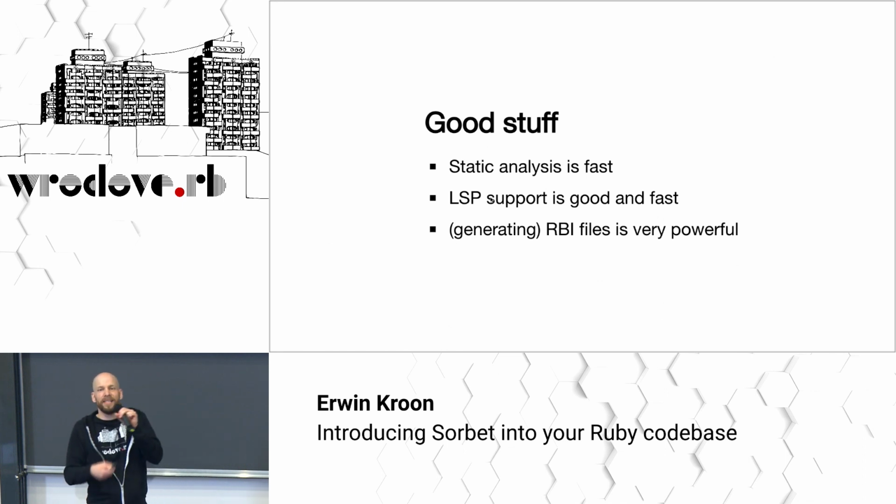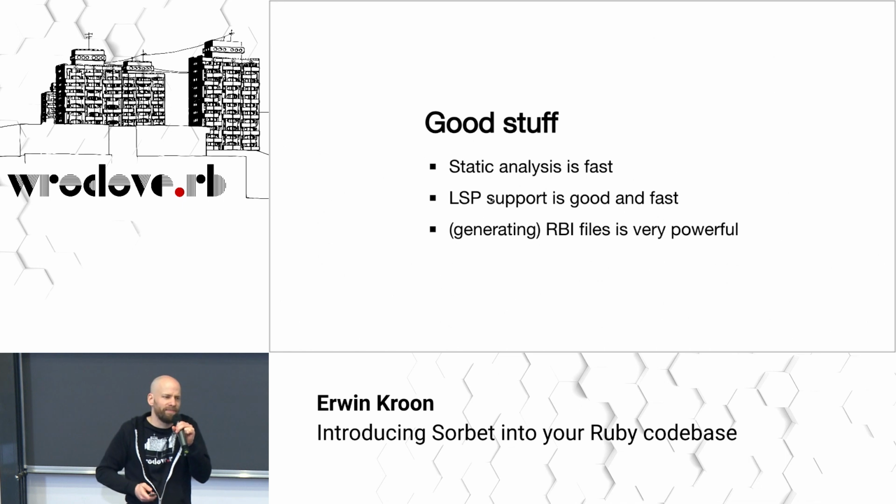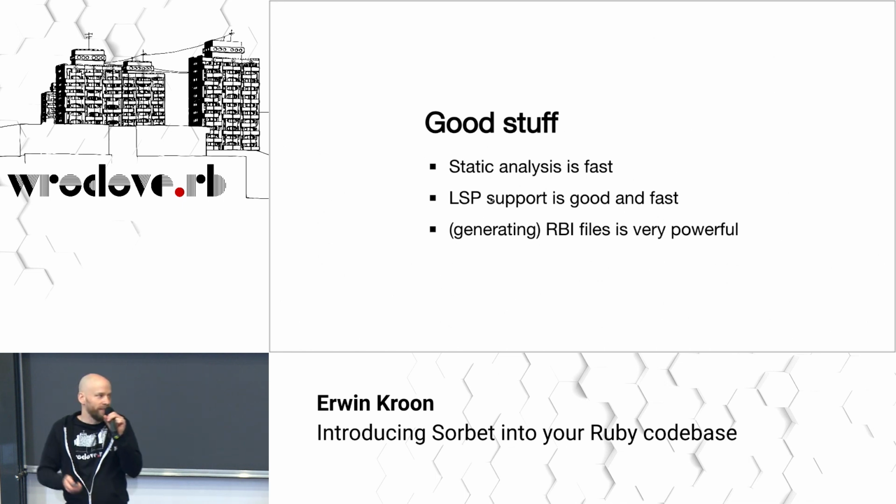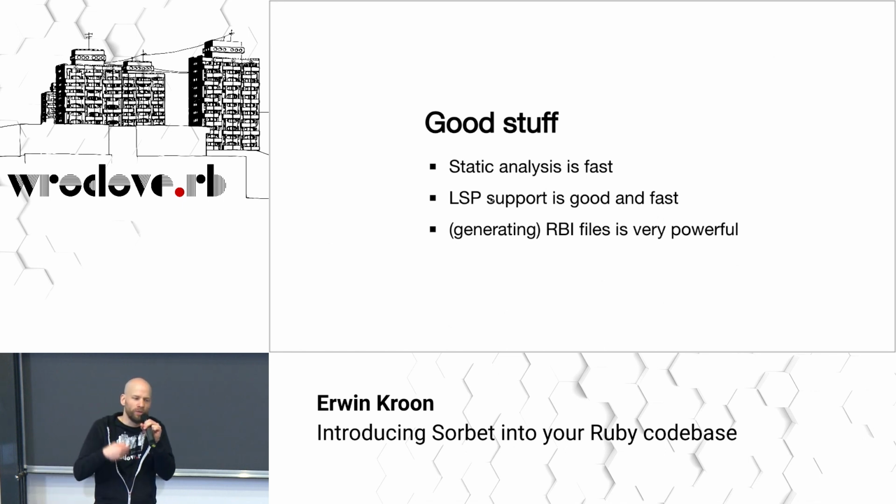The problem with it is a little bit that you don't get to just say, oh, let's start generating some RBI files. This is quite difficult to get started. This is why I didn't do it until the very last moment. I tried it a little bit last week, but it's not that easy to get started. But I think it's where you want to be when you use Sorbet. Don't write signatures, just generate them, because I don't want to see generics in my Ruby files.